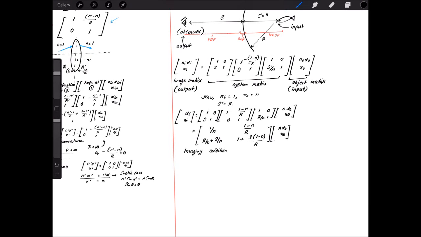In order to satisfy the imaging condition, what we just learned is that the term m21 has to go to 0, which here is r over n plus s over n equals 0, and this implies s equals minus r. So r was the radius of the sphere, and that essentially means that the image is at the center of the sphere.